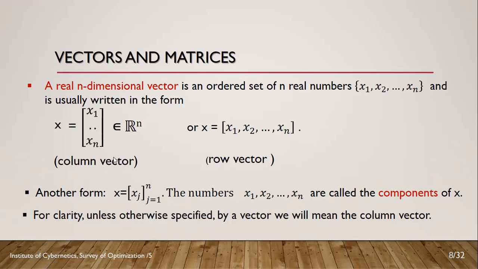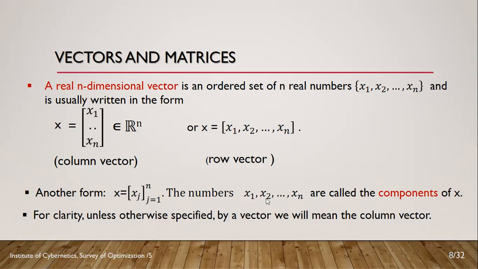Another representation of the vector is this one. Instead of listing the components explicitly, we can use a compact form, introducing an index with limits from 1 to n. So this is another notation of a vector.